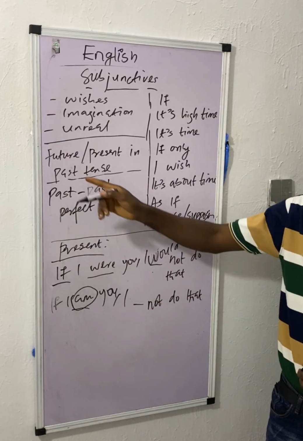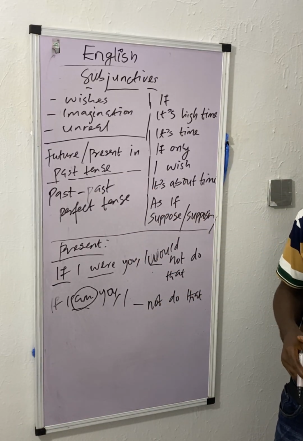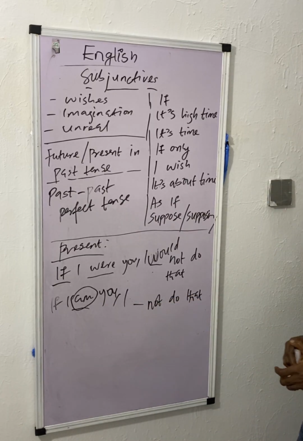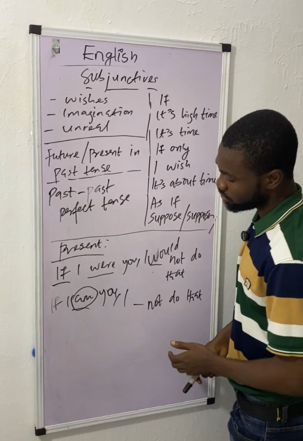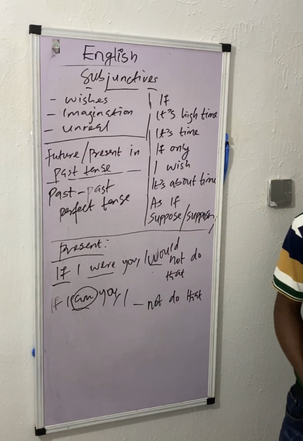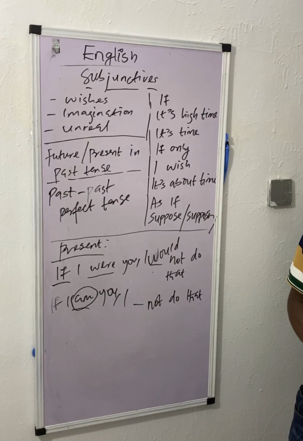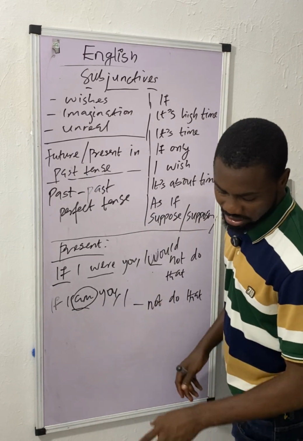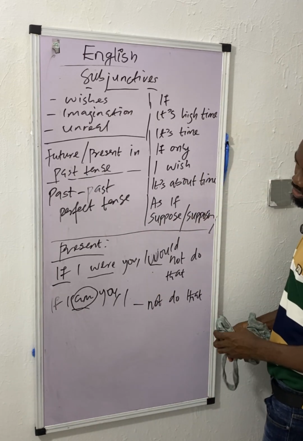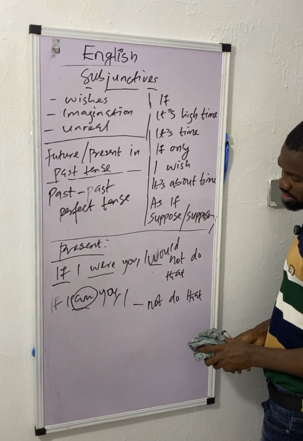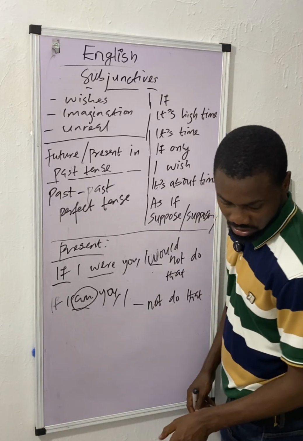We are trying to express future here. So this am has made the statement wrong. If I am you, I will not do that. Let's take this again. I would not do that.